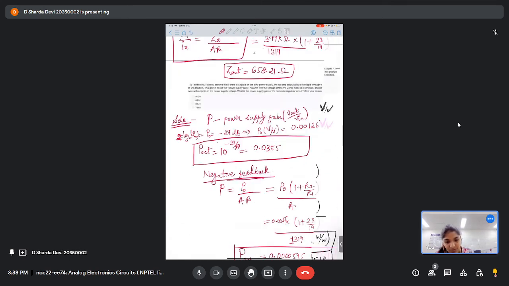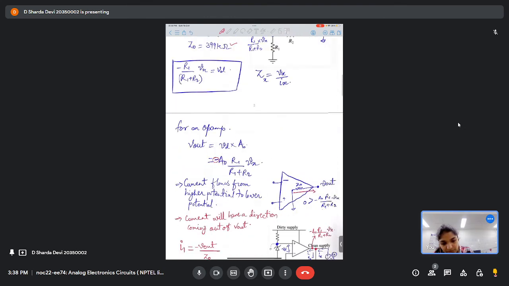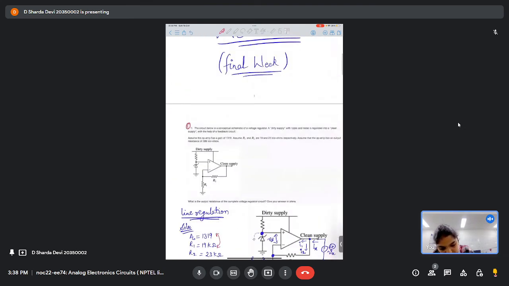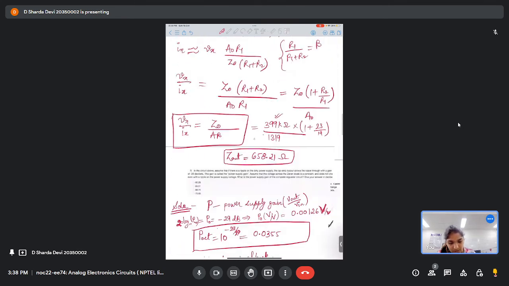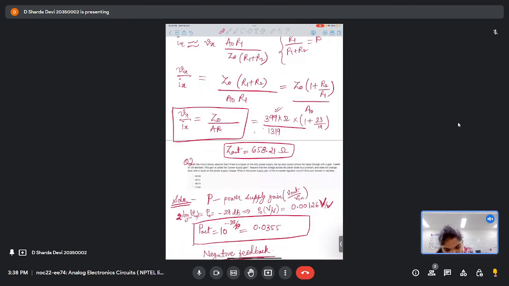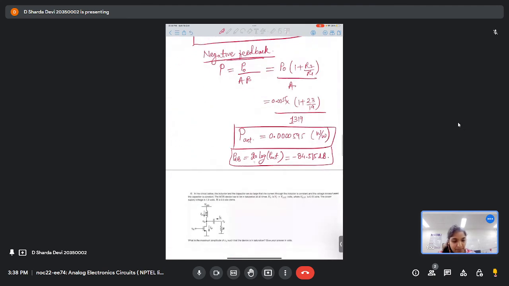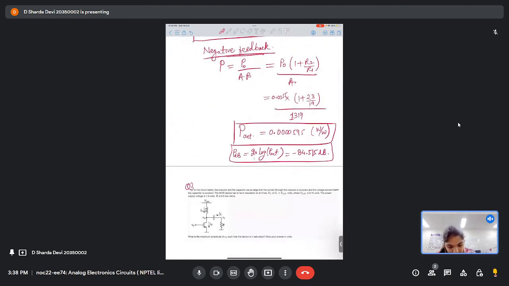So this is question number 1, question number 2. So these two questions were based on the same circuit, right? Now we are going for another question, which is question number 3.